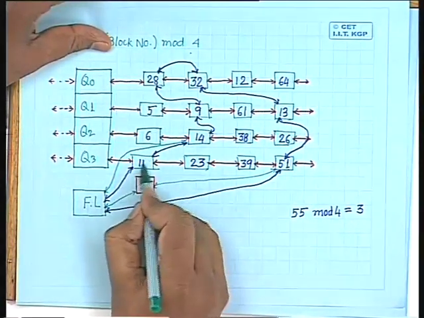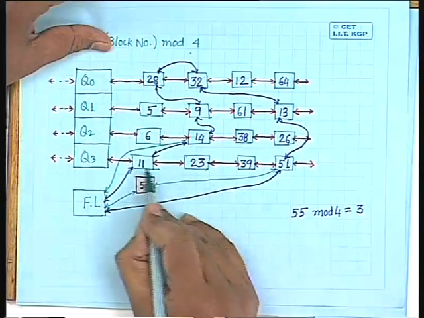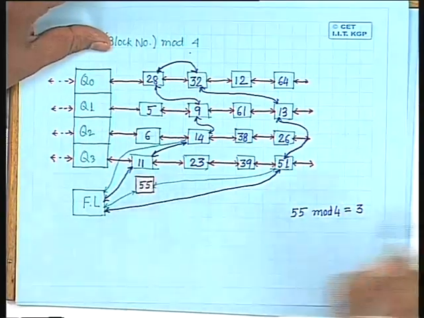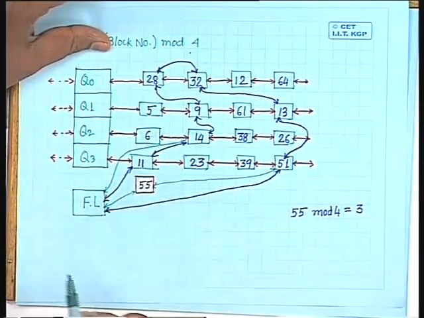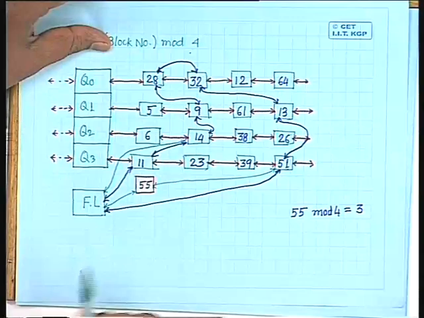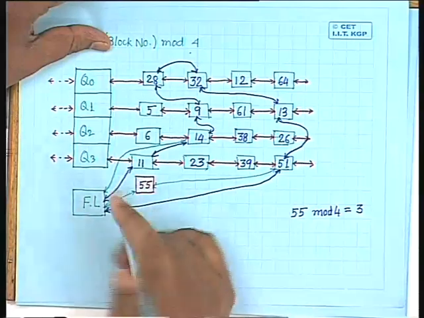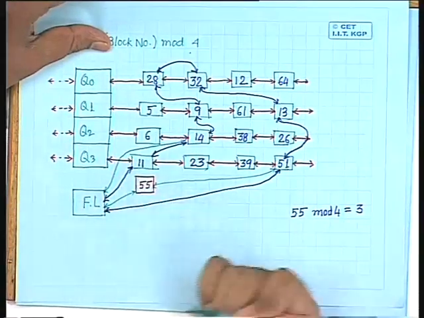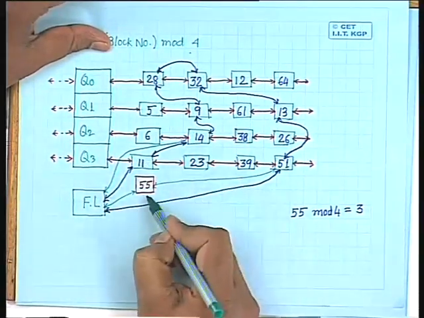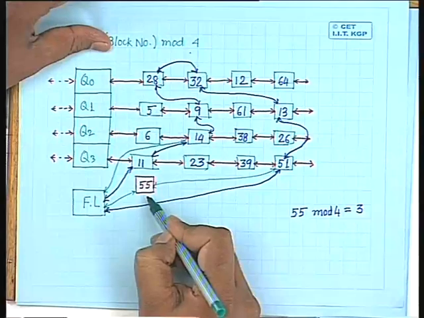But we don't wait for this buffer to become free, because once you have started writing the content of the buffer to the disk, the buffer must have been locked by the kernel. You don't wait for this write operation to complete. One way can be that you let this writing operation complete, then get this same buffer to load block number 55.